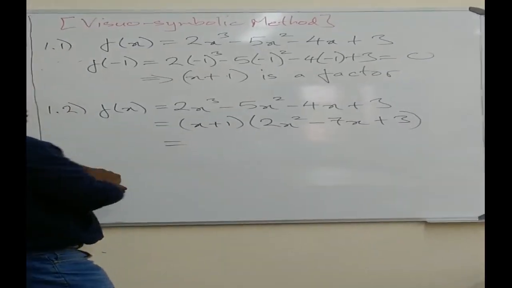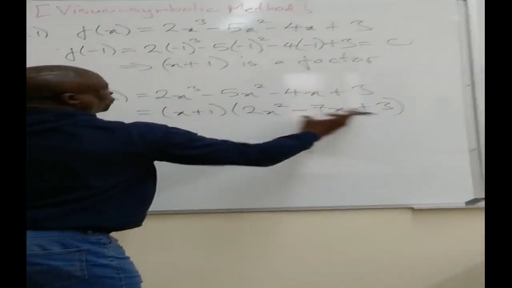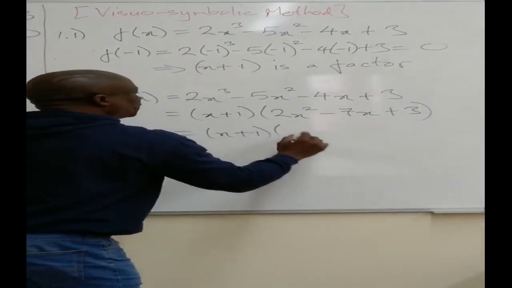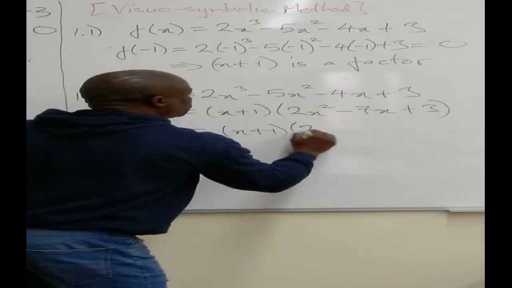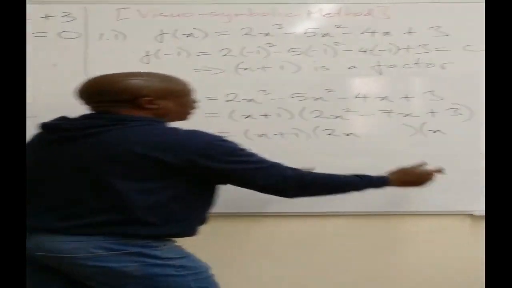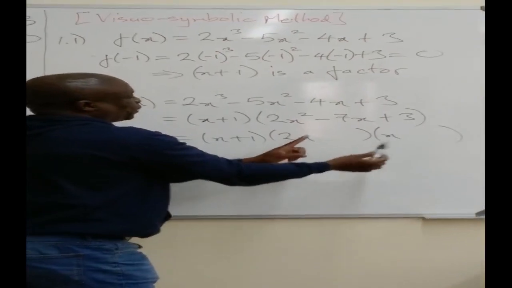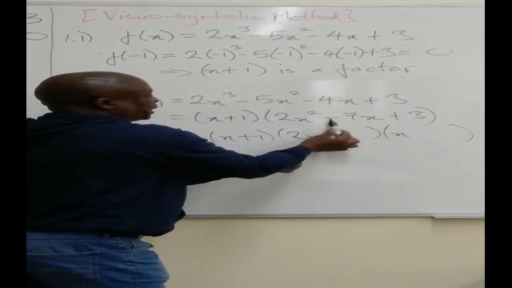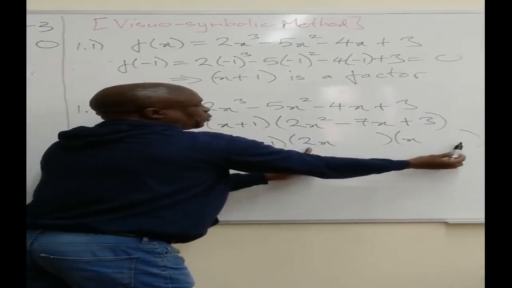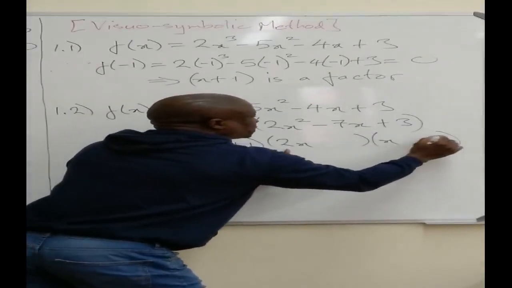And then your next step now would be to factorize that quadratic expression. So you have x plus 1, and then here 2x squared, you have 2x and x, and then the factors of 3, that will give you a 7. You want a negative 7x, so a 2x, when you multiply by 3, will give you a 6.